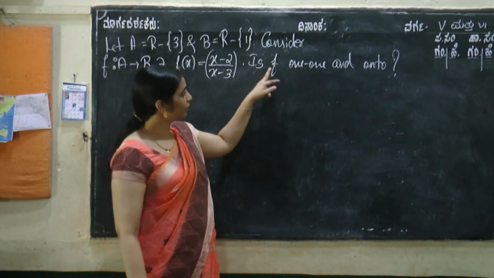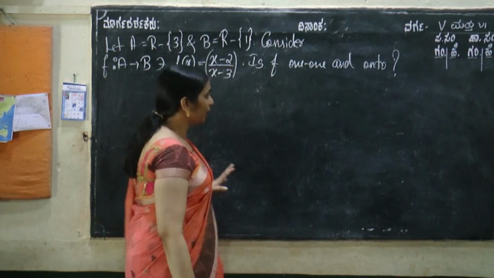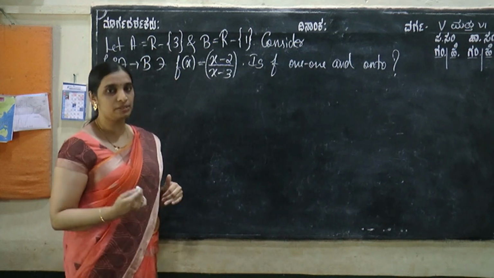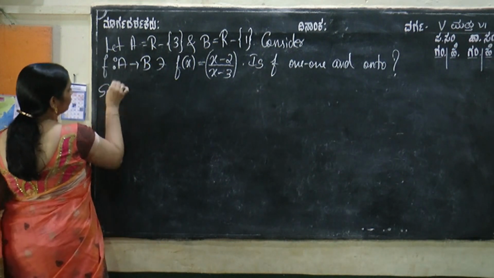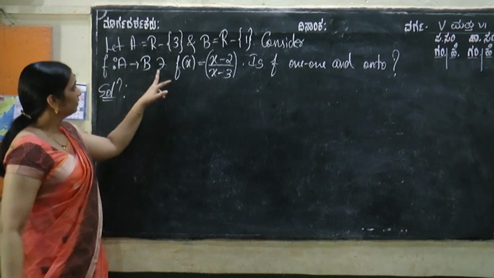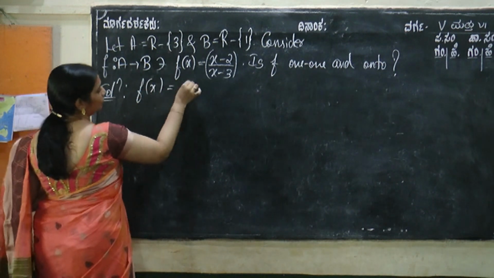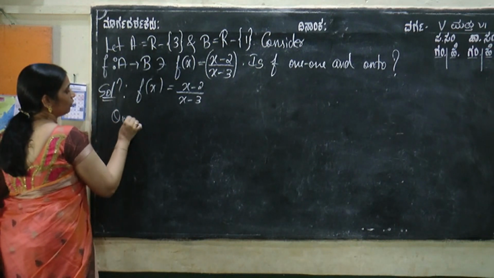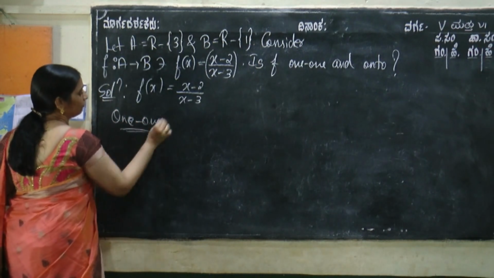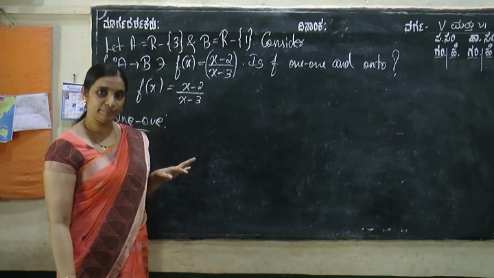Now, we have to check whether the function f is 1-1 and onto. As we have discussed in the previous examples, here also we will consider the same thing. In this question, f of x is equal to x minus 2 divided by x minus 3. For a 1-1 function, we need to check whether different elements have different images or not.